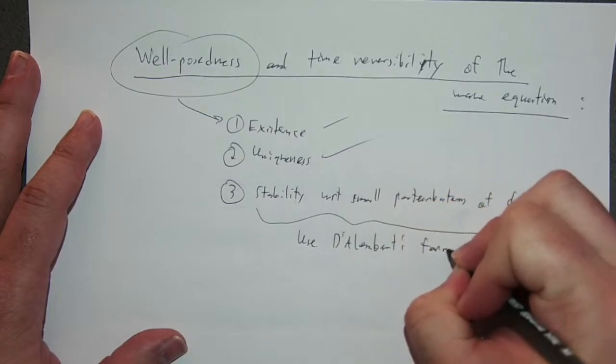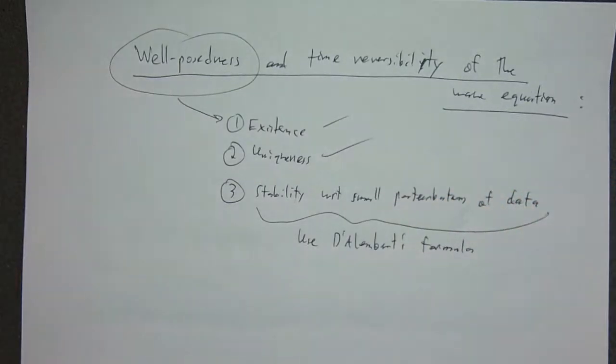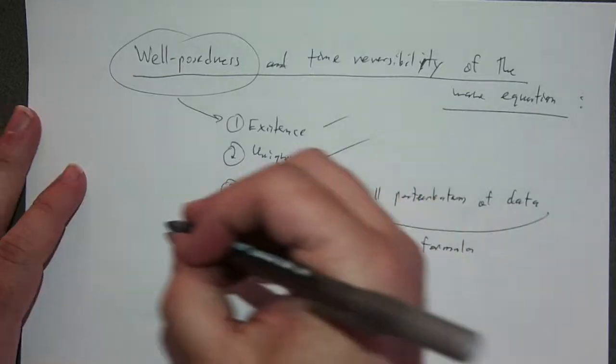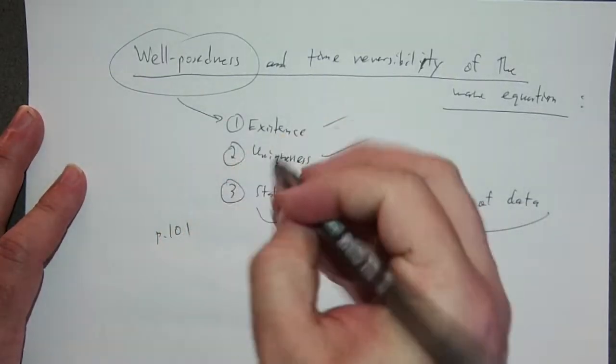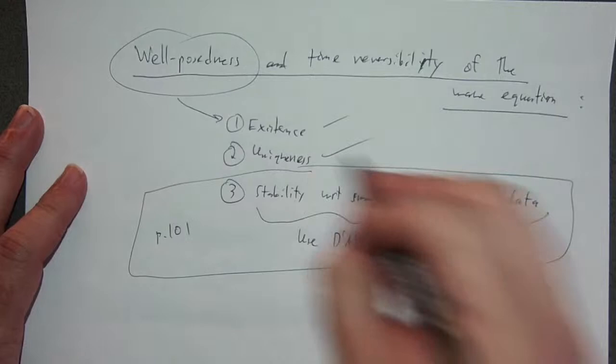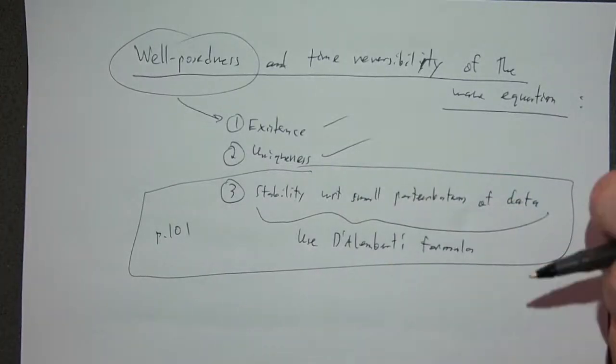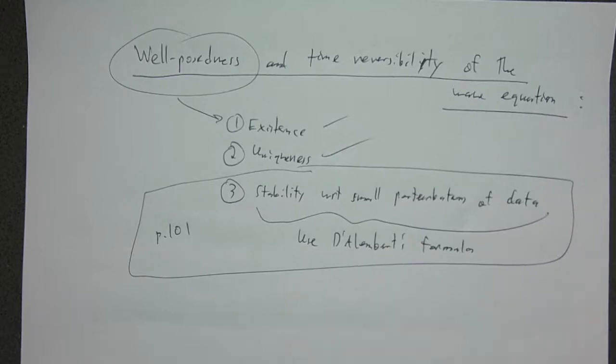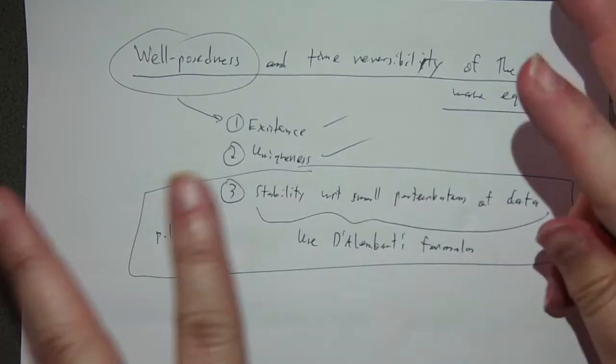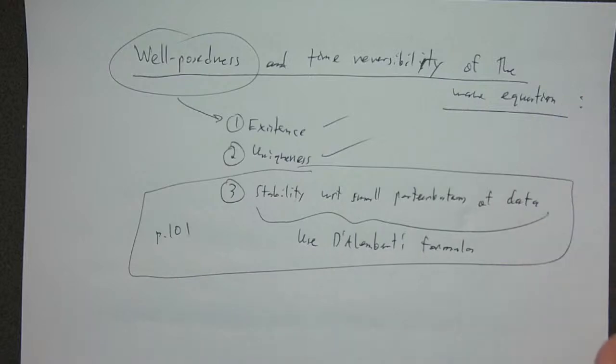We can use D'Alembert's formula. Now, I'm not going to go too heavily into this right now. You can read up on the statement of stability, if you like. This is on page 101. But basically, we take perturbations of our phi and c and show that that leads to correspondingly small perturbations in the solution.